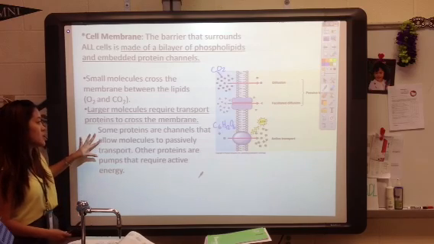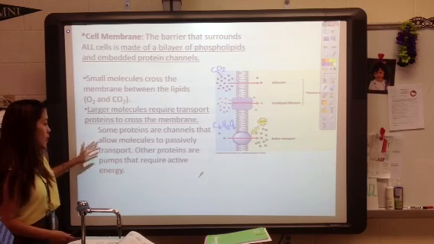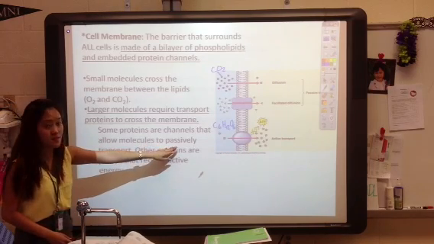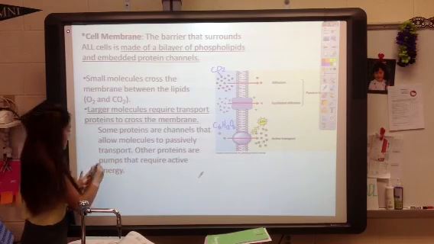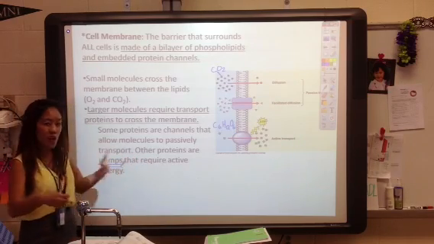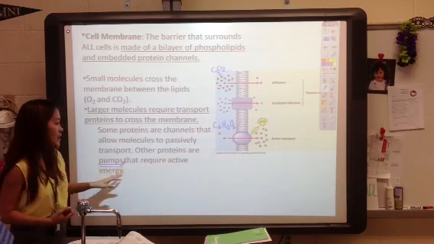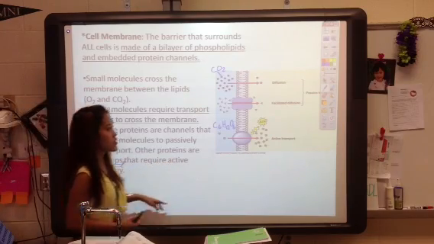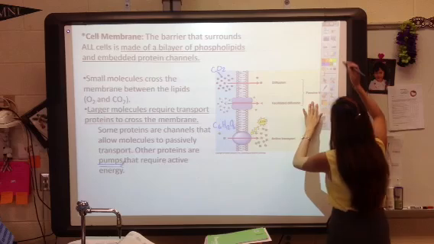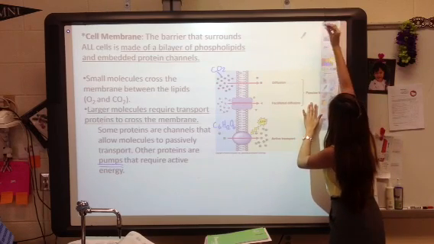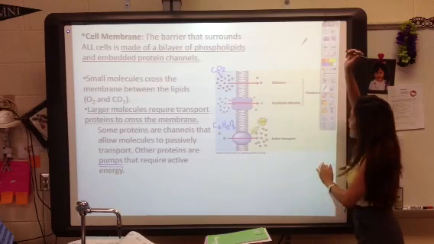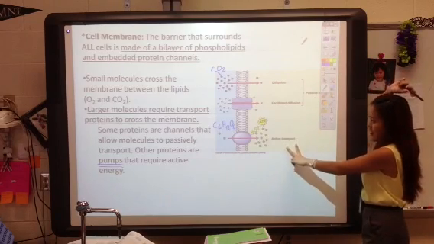Now, some proteins are channels that allow molecules to move passively, and some are actually going to be pumps. So you're pumping, you're working, that require active energy. So if you notice over here, we're actually going to talk about 2 types of transport that are passive and active.